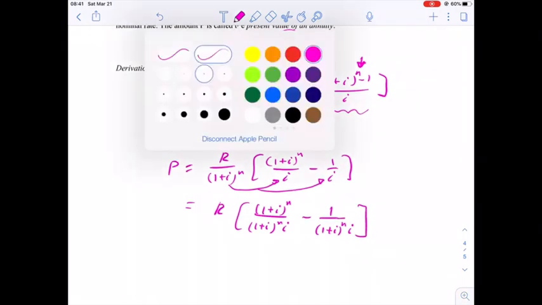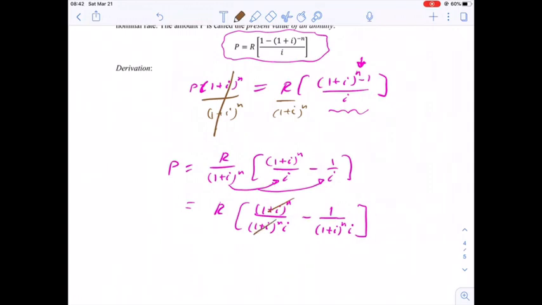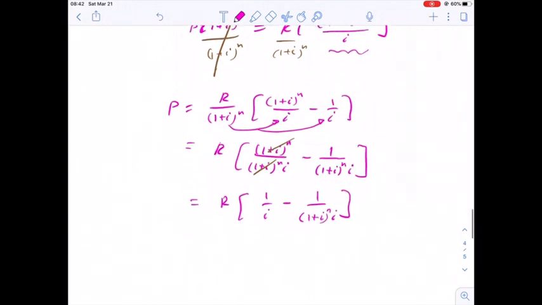Now let's simplify more. We cancel this with this, and we get R times (1 over I minus 1 over (1 + I)^n times I). Now let's bring this up here, and when we bring this up, we change the sign of the power, because if you have in general 1 over x to the power n, when we bring this up it becomes x to the power negative n. This is one of the rules of powers.